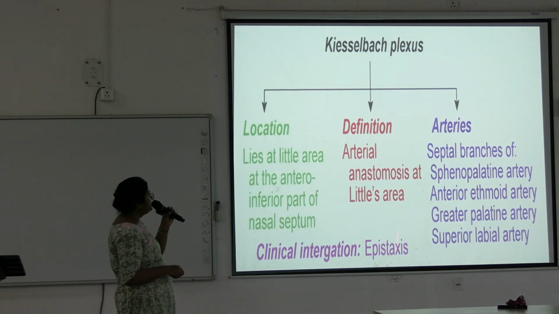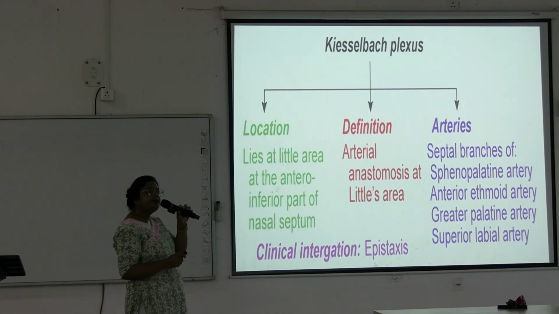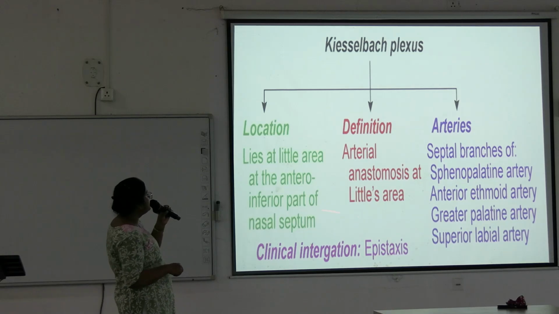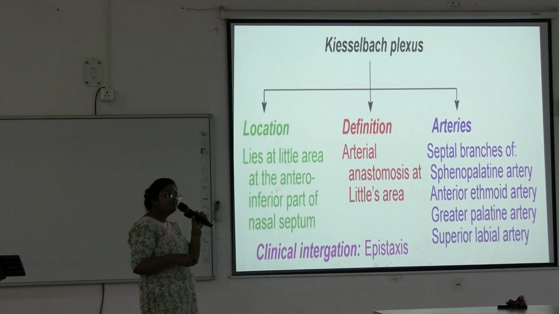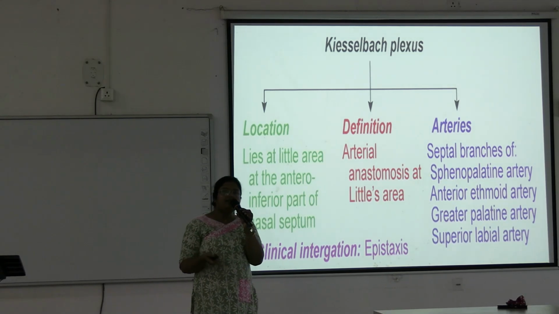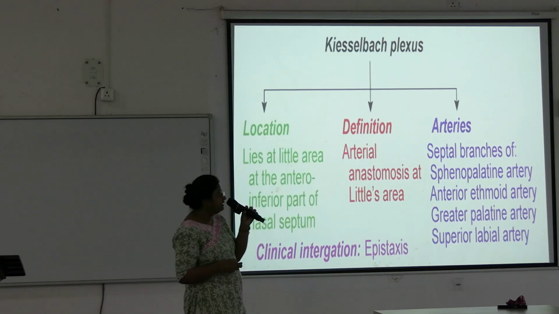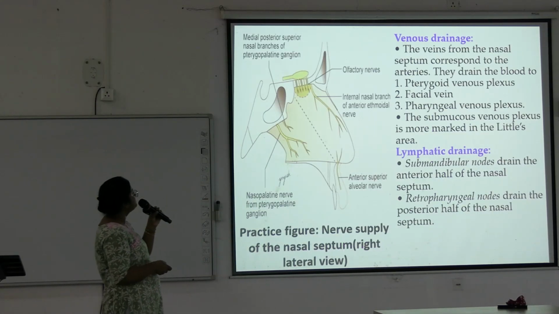These four arteries are taking part in the formation of Kiesselbach plexus, and its clinical aspect is epistaxis. Injury to Little's area will cause heavy bleeding, that is known as epistaxis.